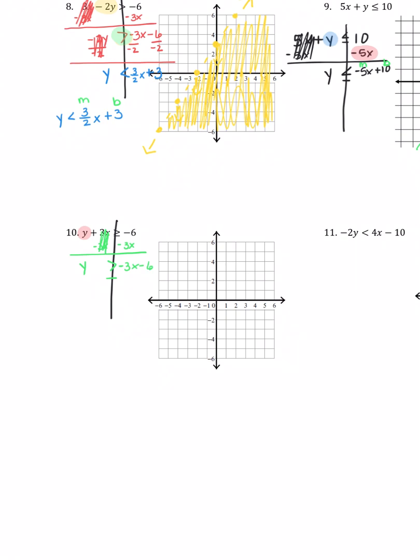When I look at that, it does look like y equals, except it's greater than or equal to, and then I have negative 3x minus 6. So this is my m, this is my b. There's no number under my m, so I'm going to make that a 1. I'm going to start at negative 6, because I already started at that b, and then go down 3 to the right 1.